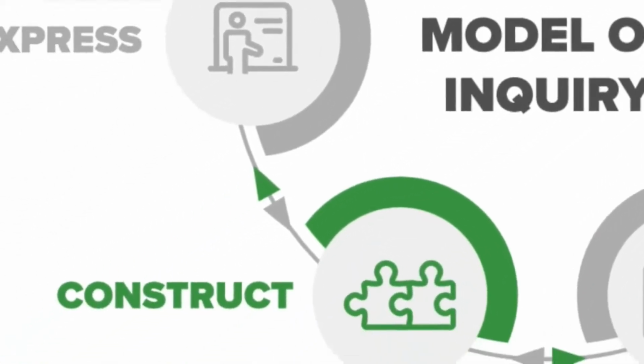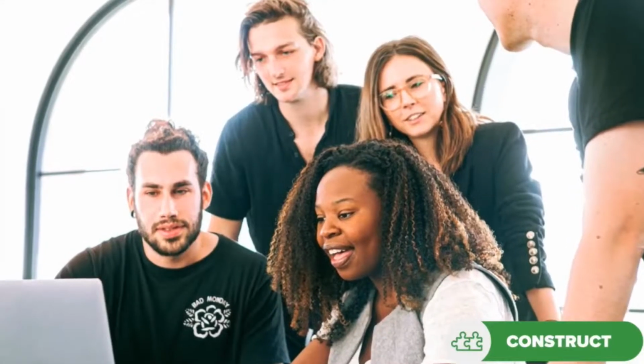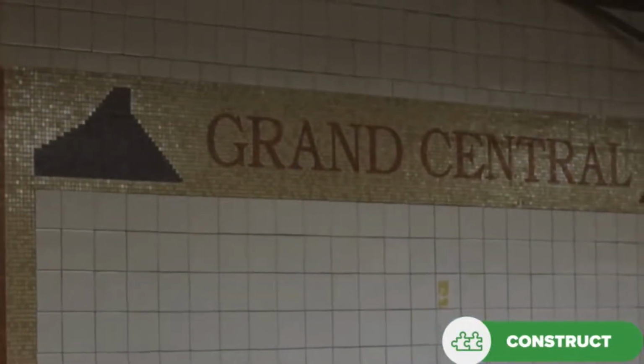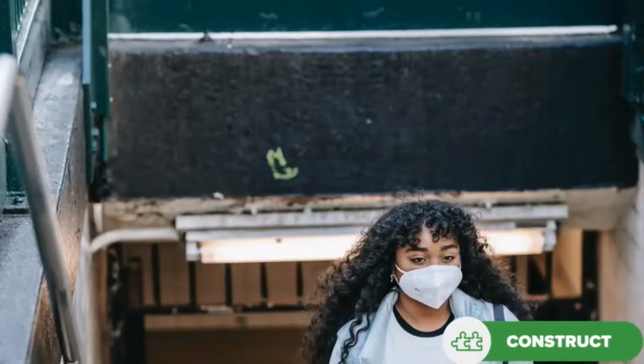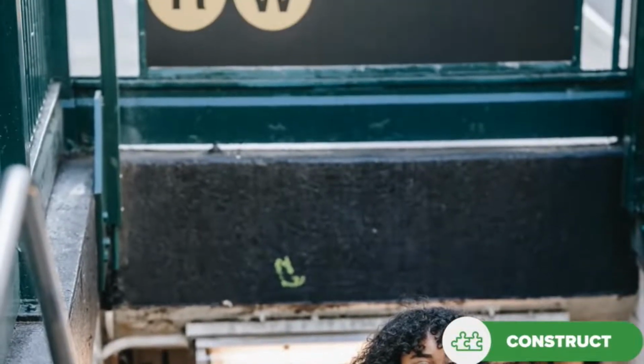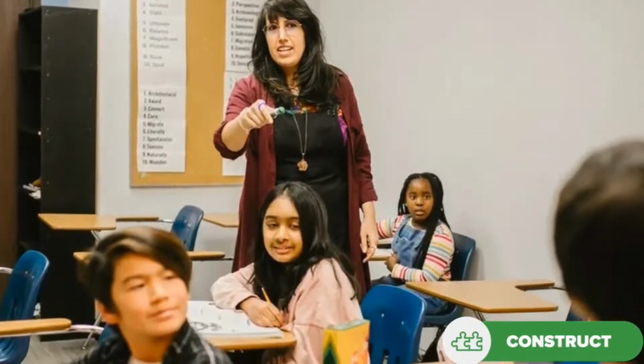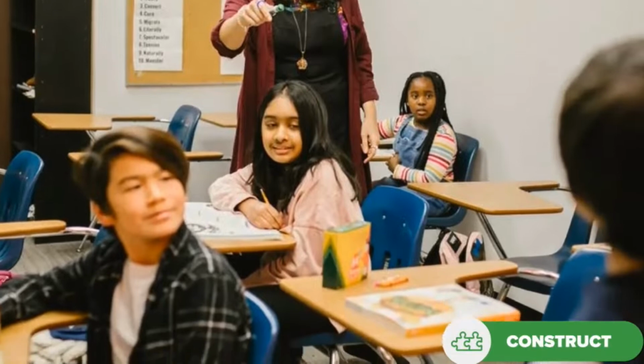Then that leads us to our next step, construct. Between our background knowledge and research we conducted on the New York City subway system, what conclusions can I draw about how the subway system affects school attendance? What are all the reasons why attendance rates might be negatively impacted by the New York City subway system? In this part of the cycle, I will make my claim.